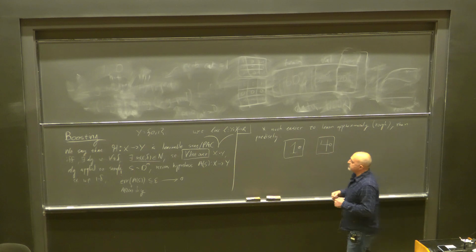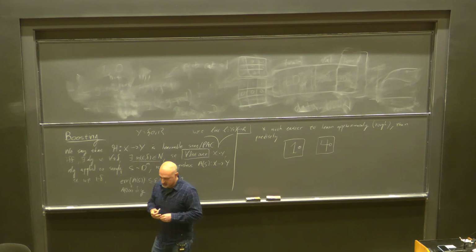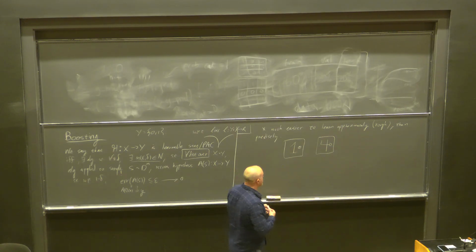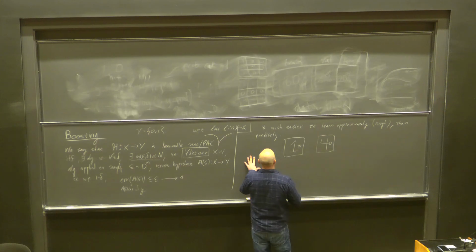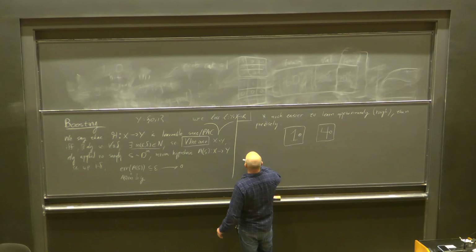So here is the way that I believe Kearns and Valiant made it formal. So here is a definition that they gave and the question that they asked. So this is the question of boosting.